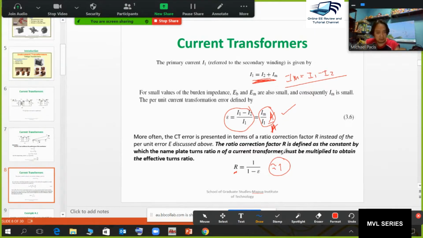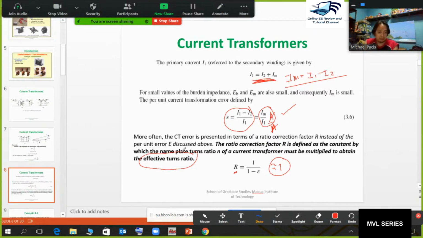As you can see here, the ratio correction factor R is defined as a constant by which the nameplate turns ratio N of a current transformer must be multiplied to get the effective turns ratio. So the effective turns ratio is where you have multiplied the ratio by the correction factor.